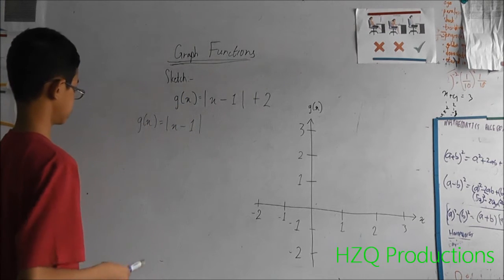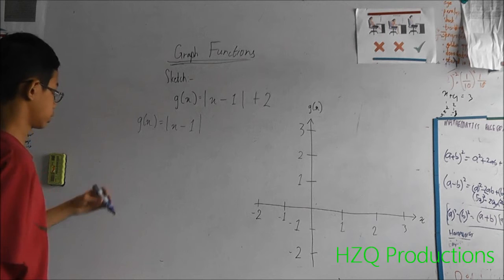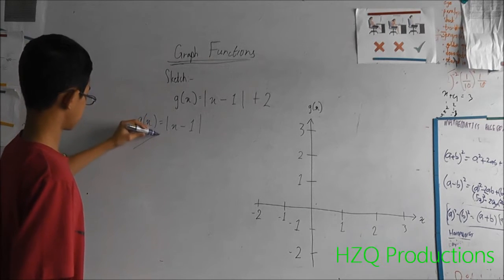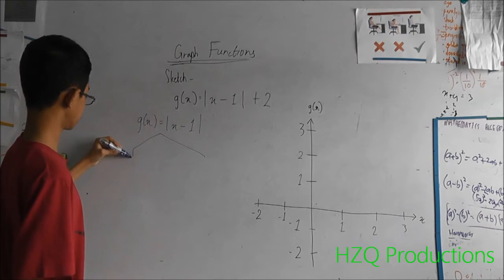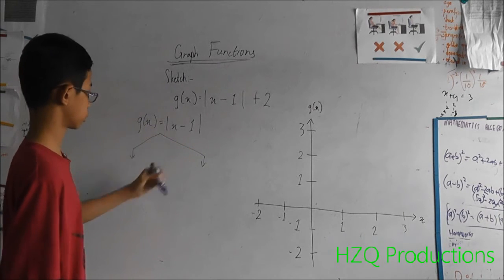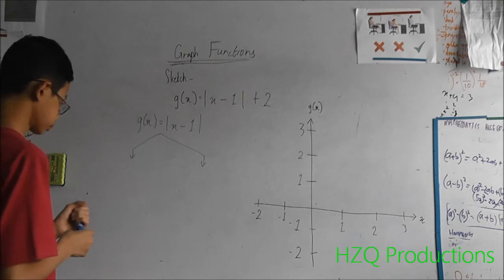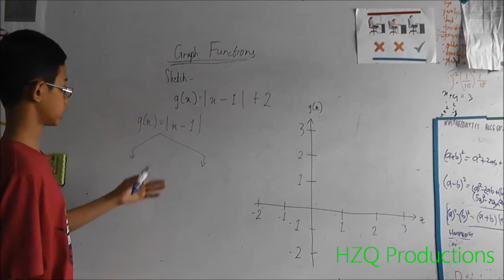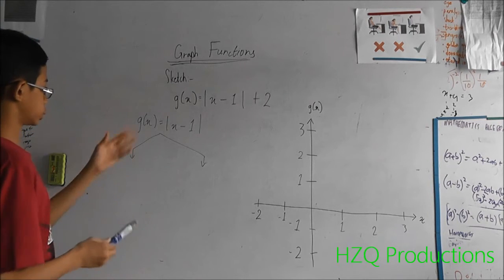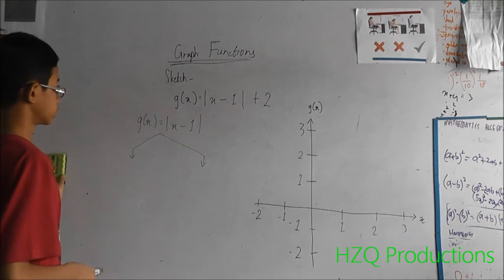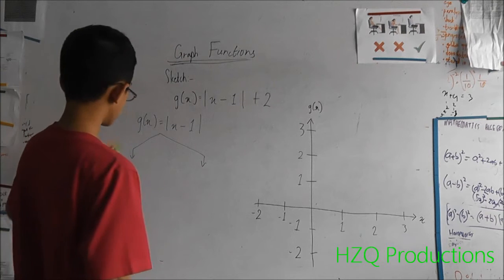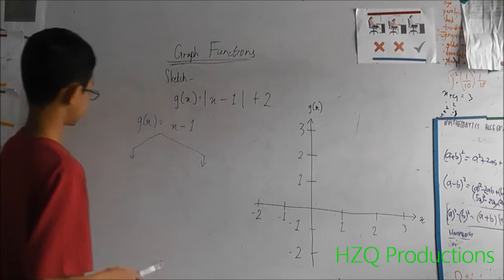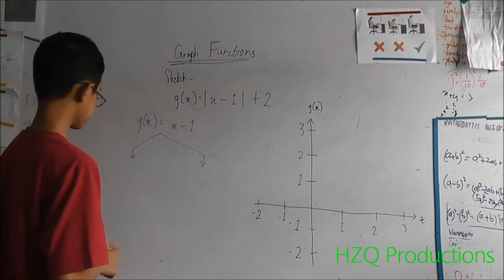Now what happens here? We'll split into two, and g(x) is just like x minus 1. So actually you can break up the modulus lines.